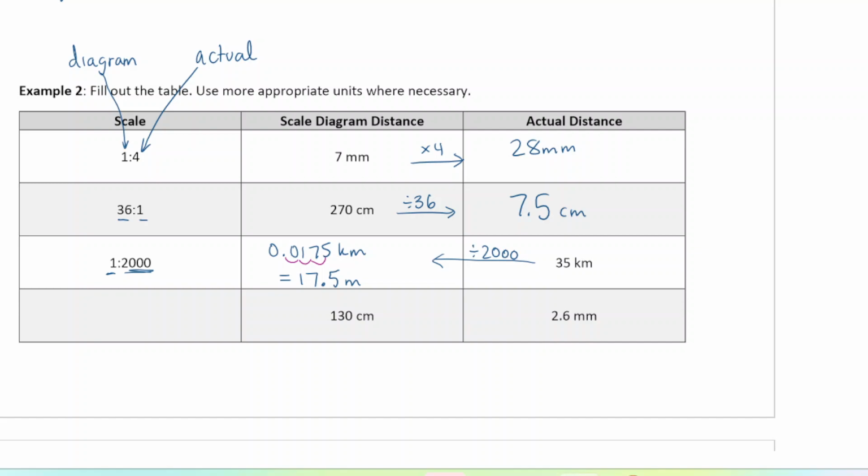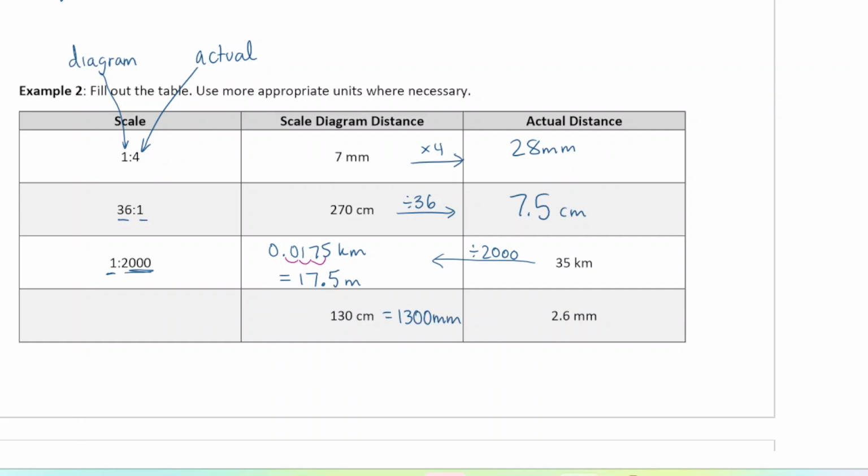Okay, and last one, we're going to figure out the scale. So this time we're told the scale diagram distance, we're told the actual distance. In order to figure out the scale, we have to get them in the same units. So maybe we'll write them both in millimeters, it'll be easier. 130 centimeters, there's 10 millimeters in a centimeter, so that's the same as 1,300 millimeters.